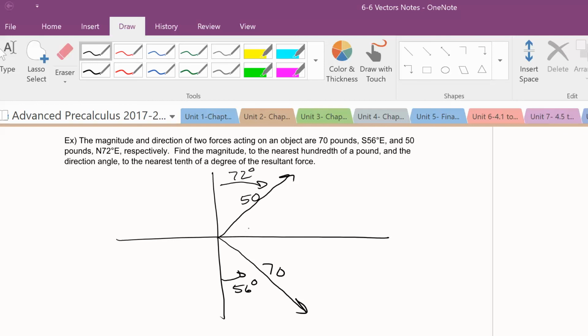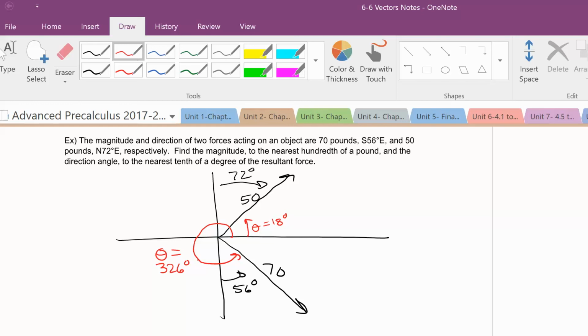So that means that the angle here, theta, is 18 degrees. And the angle theta for this one would go all the way around to here. So theta is 270 plus 56, which is 326 degrees for that one.